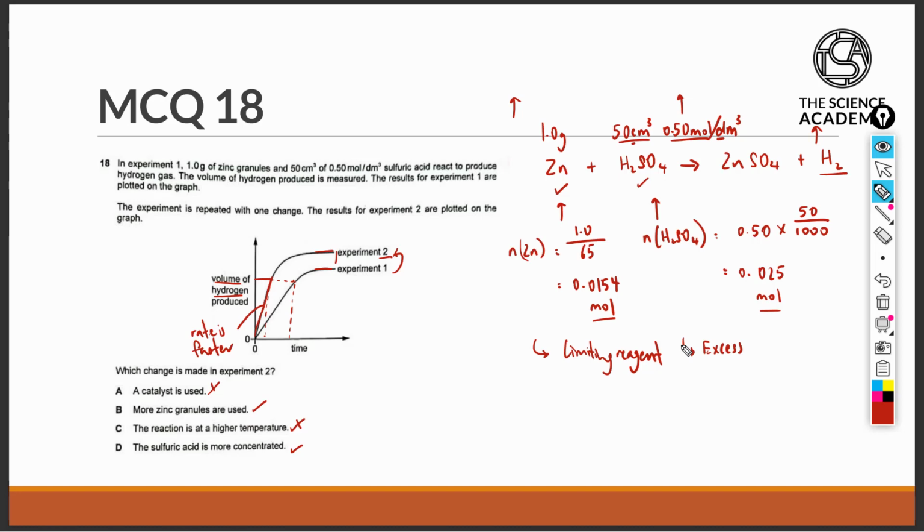So in order to increase the product formed, in this case the amount of hydrogen gas produced as seen in experiment 2, we need to increase the limiting reagent, which is to increase the amount of zinc used. Increasing the amount of acid used will not change the amount of hydrogen gas produced because the acid is already in excess, and the amount of hydrogen gas produced is solely dependent on the amount of limiting reagent, which is zinc. So B will be the correct answer.